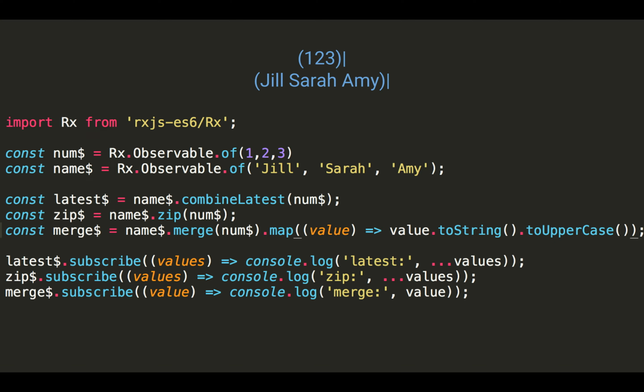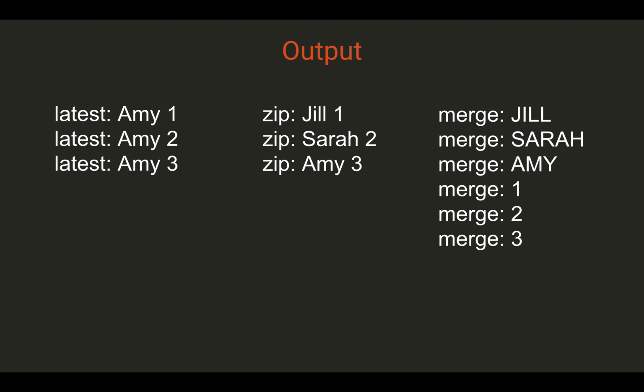And then we're mapping the values from that stream, and we're calling toString on them, and then toUpperCase. And then at the end, we subscribe to latest, zip, and merge streams, and we just console log them out with a little prefix saying how they're being combined. And what we want to know is there's these 3 different techniques: combine latest, zip, and merge, and how will they combine values from streams differently.